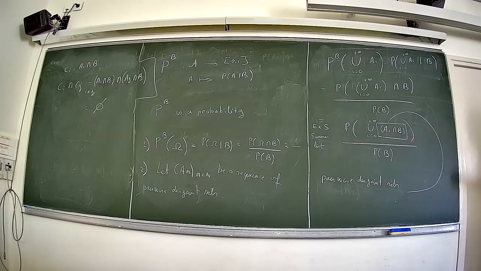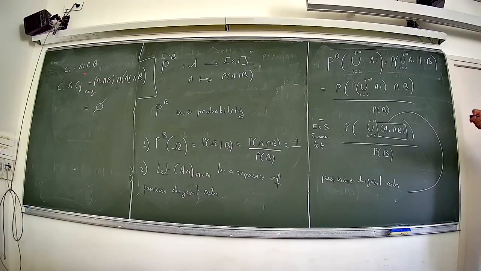What I want to do is to use this property, that is true for a sequence of pairwise disjoint sets. So if I want to apply the formula that the probability of the union is equal to the sum of the probabilities, I have to check if these ones here are pairwise disjoint. It's exactly what I said here. They are pairwise disjoint, so I can use this formula.